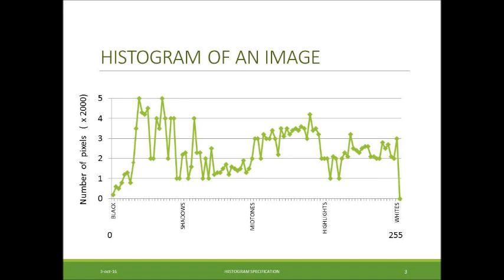For example, a dark picture will have more pixels occupying lower intensity values. Here, the peak values lie in the lower extreme region, whereas a white image has peak values at the extreme right end. And in between 0 and 255 is the gradient of intensities from black to white transition.